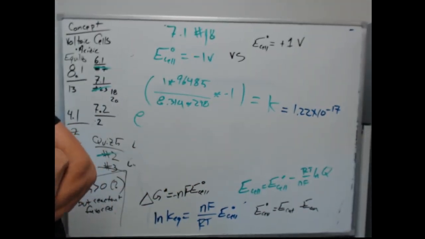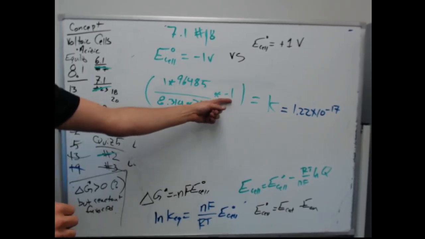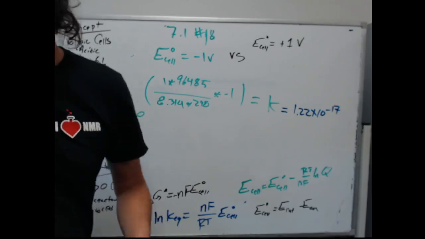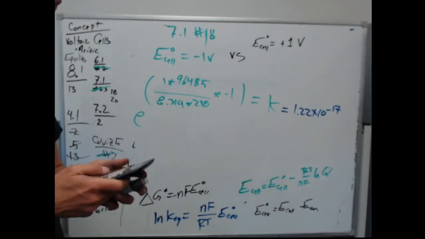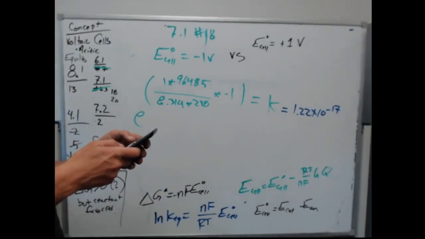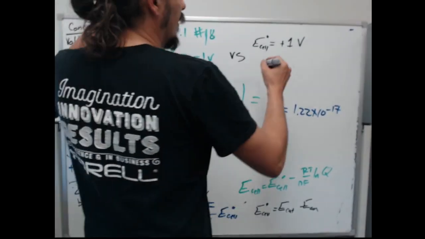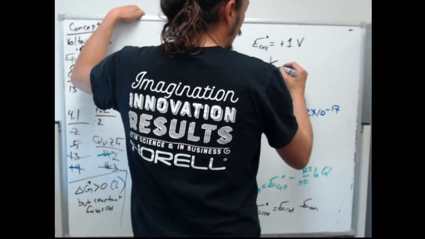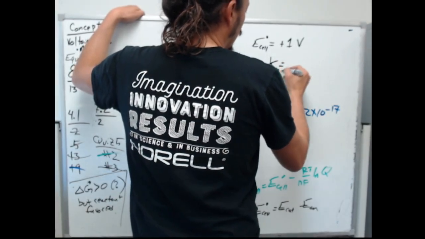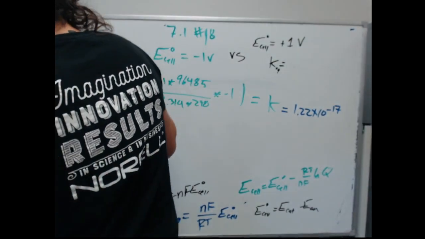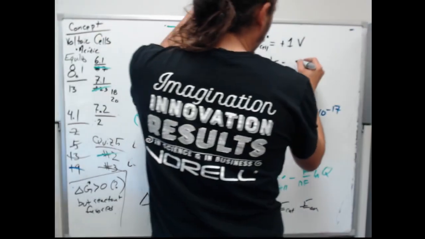The only difference is that E is going to be to the positive of this. So I can take the natural log of that, take off the negative sign, do E to that, and for a positive cell potential I get my KEQ value equal to 8.18 times 10 to the 16.